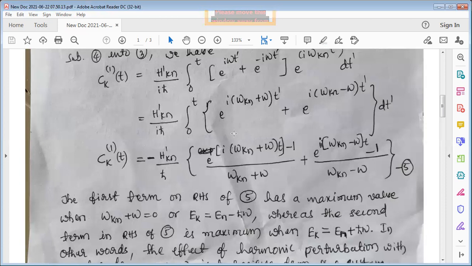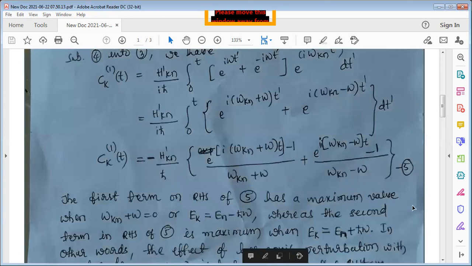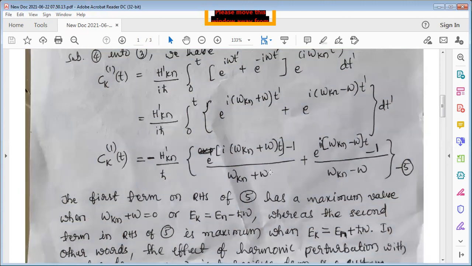And here also the same thing comes. This term is also integrated. And here it is actually divided by i omega kn plus omega.